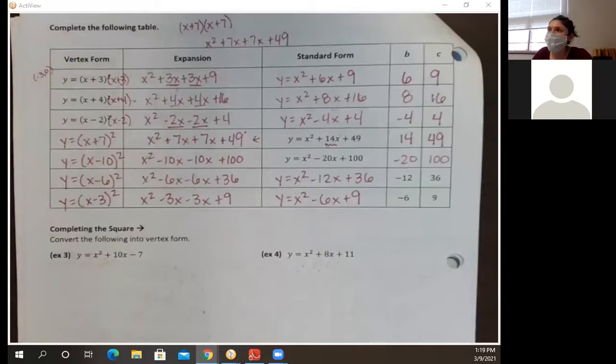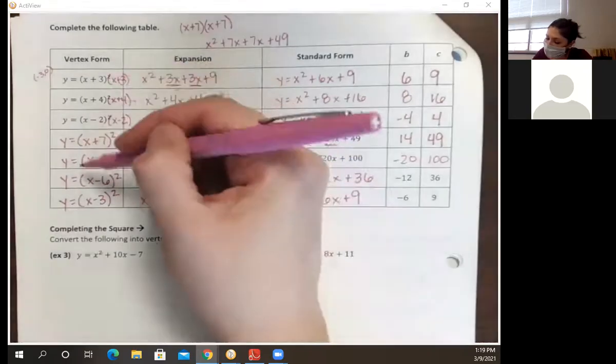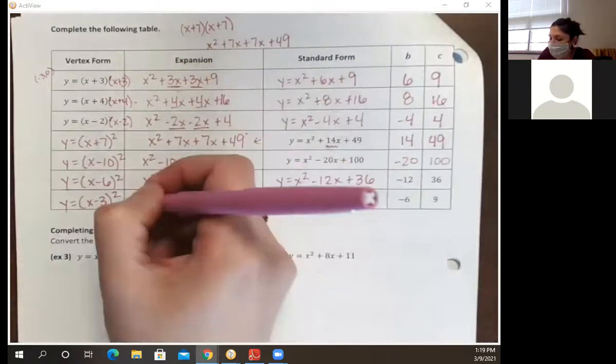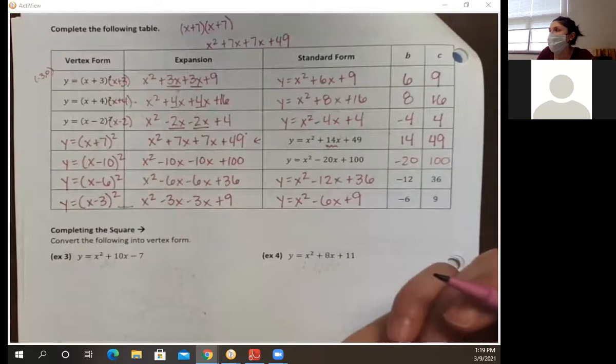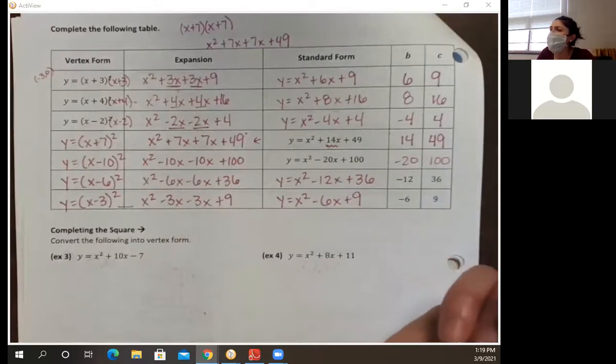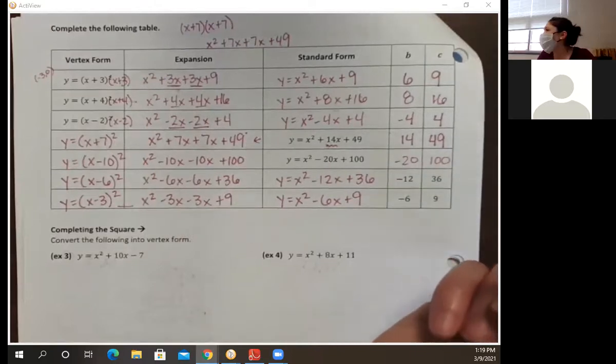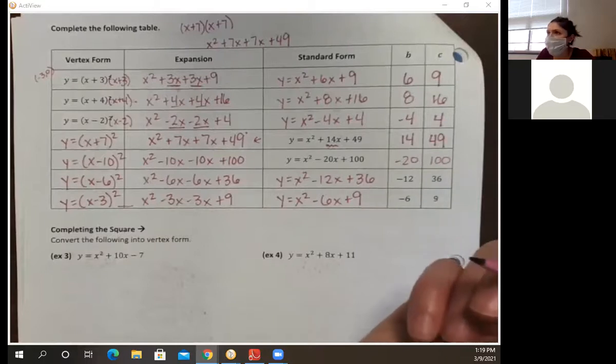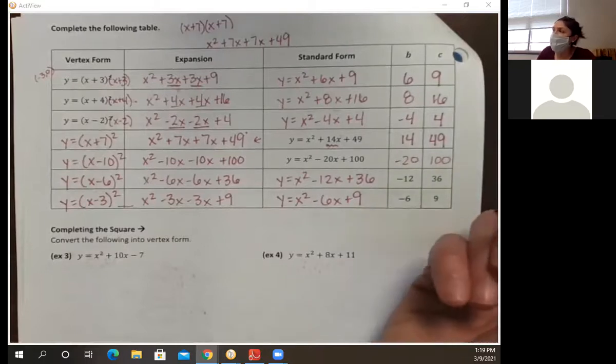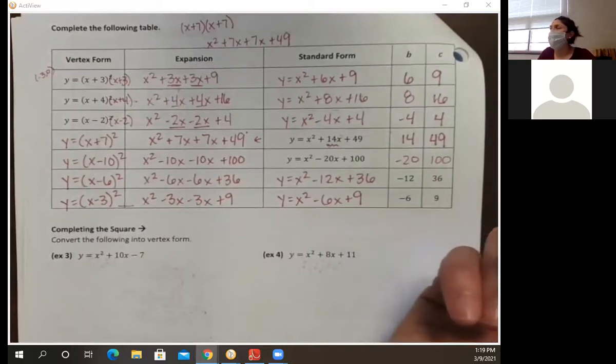Now, here's the kind of issue that we have. For all of the problems that we looked at in our table, the y-coordinate for our vertex was 0. But we know that the y-coordinate for our vertex is not always going to be 0. We still want to be able to get vertex form from standard form, even if that y-coordinate is not 0.